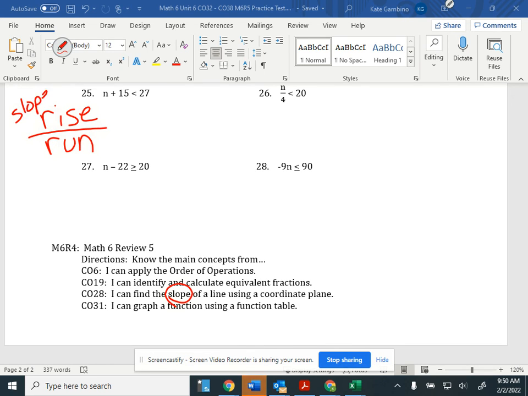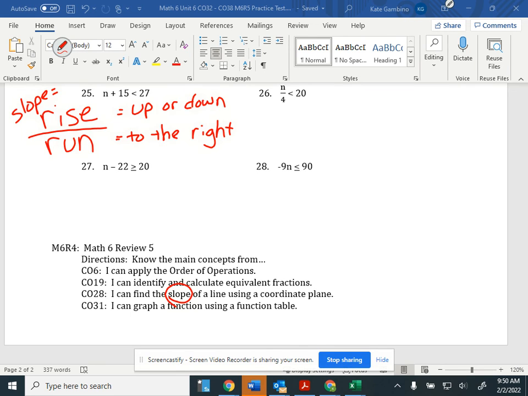Slope equals rise over run. The rise means up or down. Run is to the right. Remember, we always go from the left to the right. What else should we have on our help sheet? What is the important thing to remember about that slope with the run?